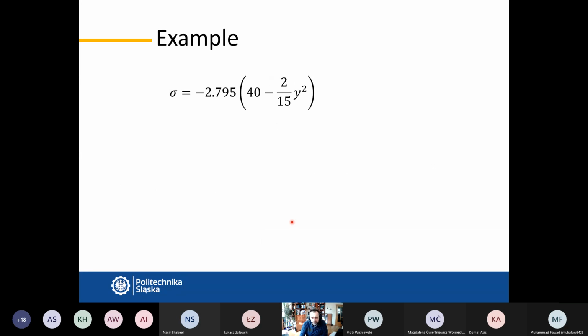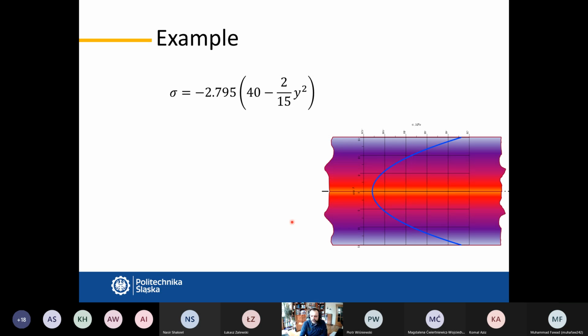So once more the same. If we draw it, it will look like this. This is our bar. This is the center line. So the highest temperature is here in the center. And here we have the distribution of stress.